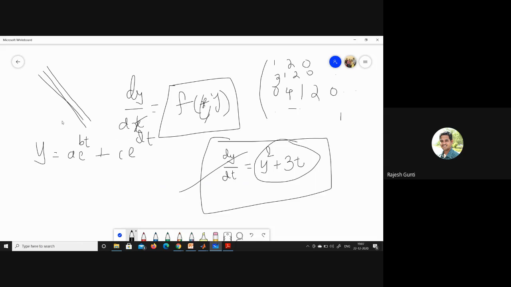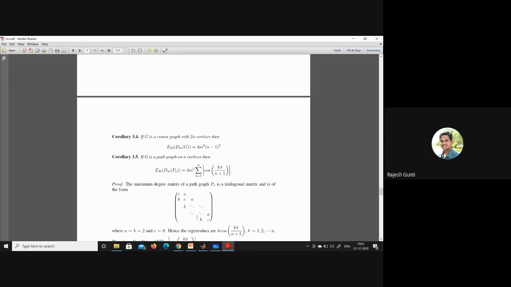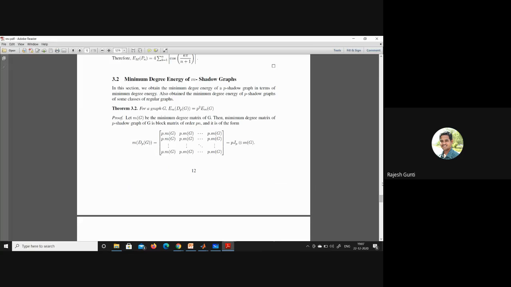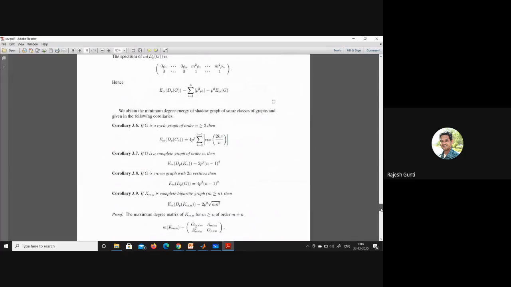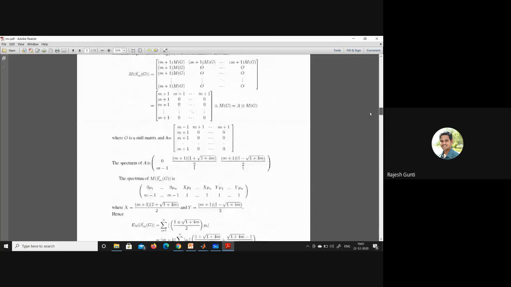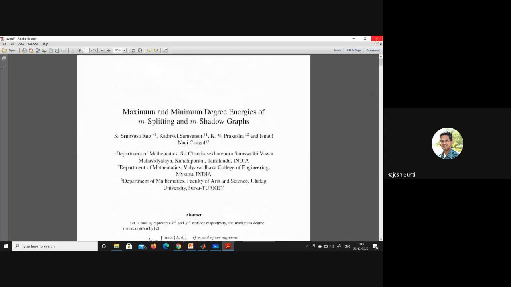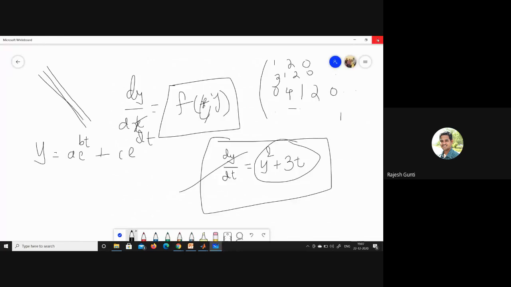Suppose 20 is given. I have to get a 20 by 20 tridiagonal matrix like this. How to get it? At this time MATLAB plays a vital role. Programming plays a vital role. That is the importance of programming I want to tell.